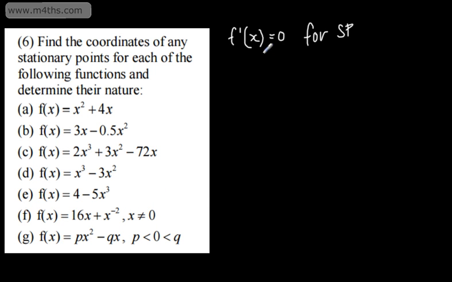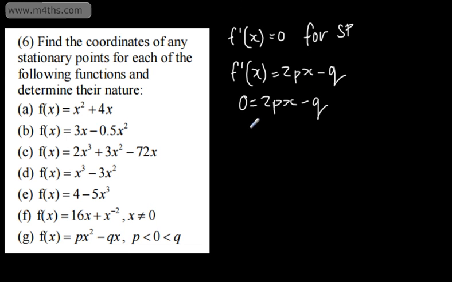Entirely up to you. f dashed of x is going to be 2px minus q. So 0 is equal to 2px minus q. So x is going to be equal to q over 2p. So that gives us the x-coordinate.